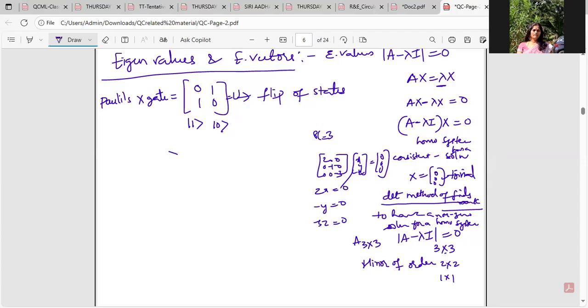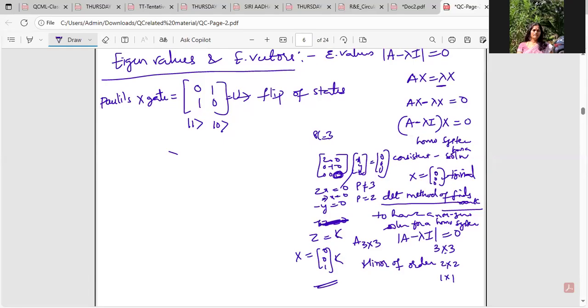Suppose the rank is not 3, it is 2. Then what happens? First equation, 2x is equal to 0, that implies x is equal to 0. y is equal to 0. Fine. But there is no information about z. So I can take z to be some non-zero value, some k, so my vector would be 0, 0, k.